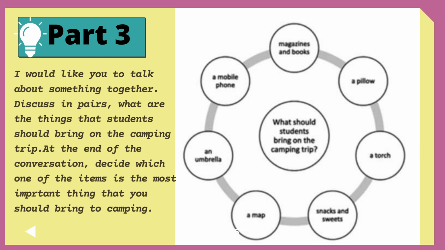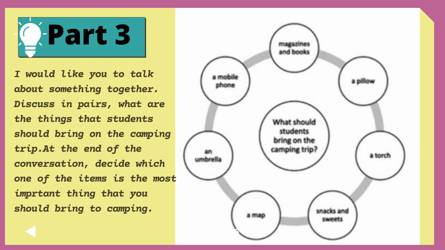So in this part, you are going to divide the items equally between both of you. For example, we have 7 items here. Maybe candidate A will talk about 3 items, and candidate B will talk about 3 items. For example, you want to talk about what students should bring on the camping trip.